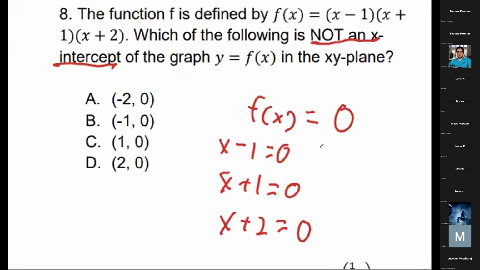Well, that would be x equals 1, x equals -1, and x equals -2, since those are the three answers to these equations. And so we have 1, 0, so it's not C, -1, 0, which would not be B, and -2, 0, which would not be A, so the correct answer is D.